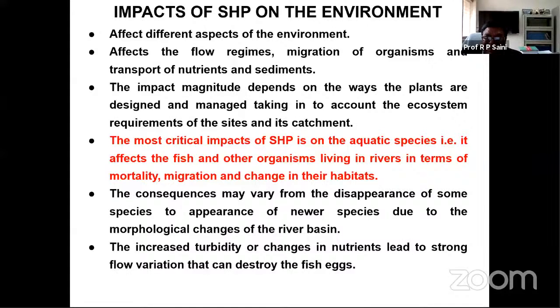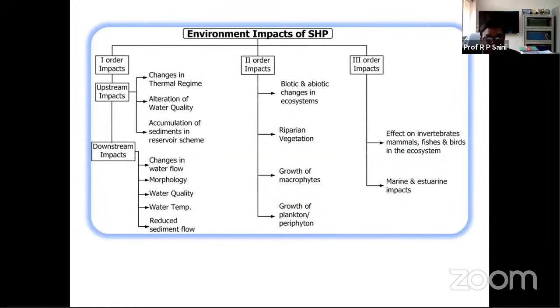I tell you there's not much environmental problem; it's only at micro or mini level. If you want to investigate some impacts for research purposes, you can do research, but practically it's not of that high intensity.